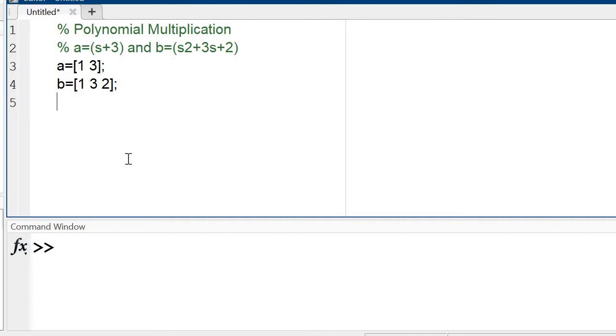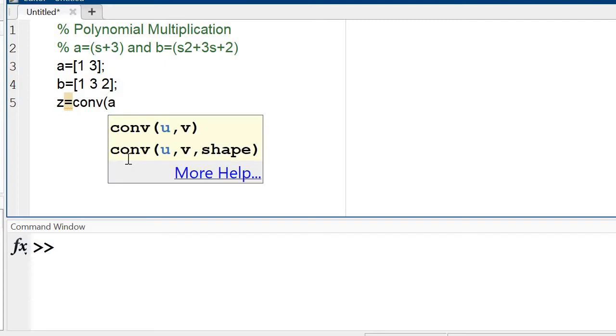Then what do I want? Polynomial multiplication. The command of multiplication is z is equal to conv, convolution bracket a, see this, conv u comma v. It means a comma b.